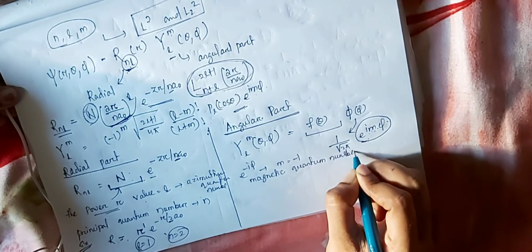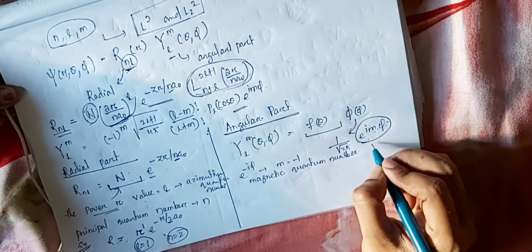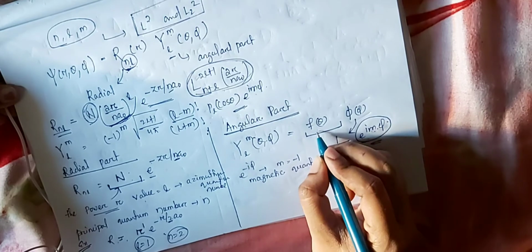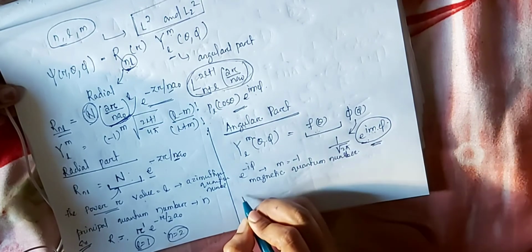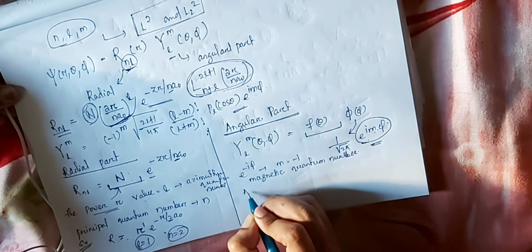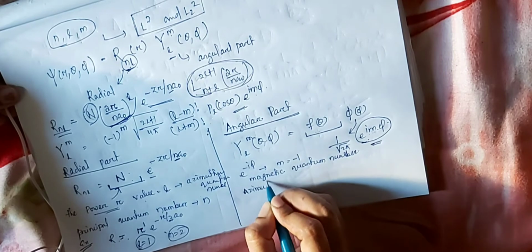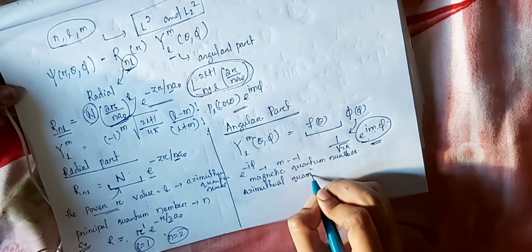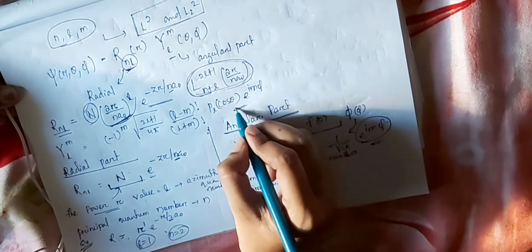Okay, and after that we have to see this portion. Okay, f of theta part. So to find out the azimuthal quantum number from the angular part, we have to see here. It will be the e to the power i m phi part, right?